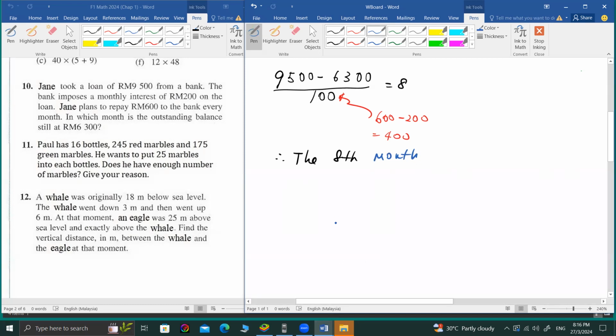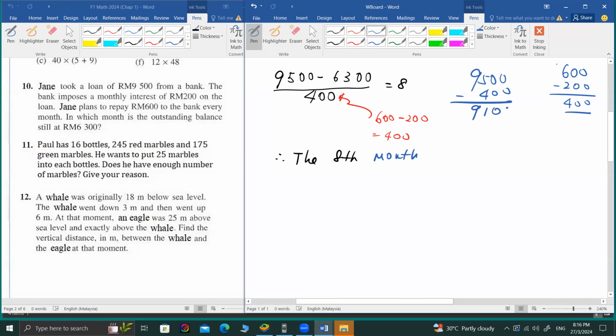Okay, let me prove to you all. 9,500, you can do like this. First month, you pay me how much? 600, right? But the 600, I get the 200 to keep in my pocket as interest. Then I deduct 400 here only.